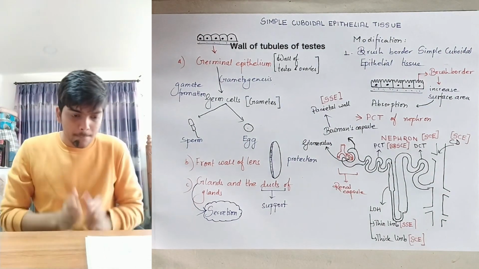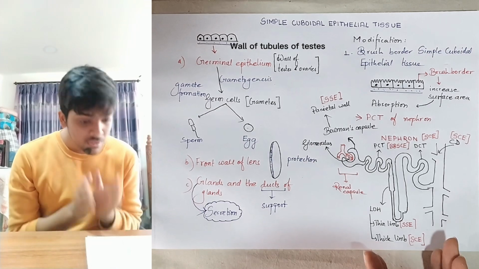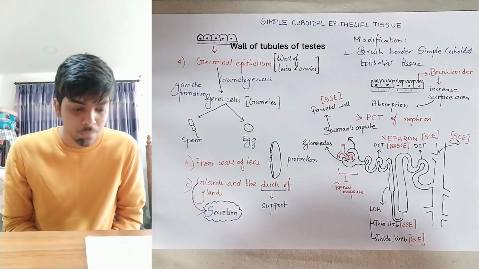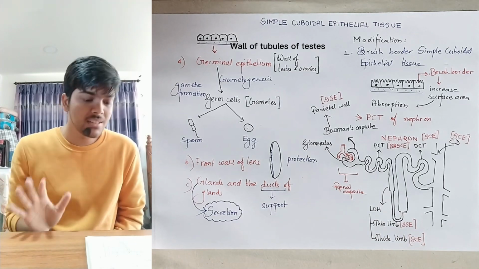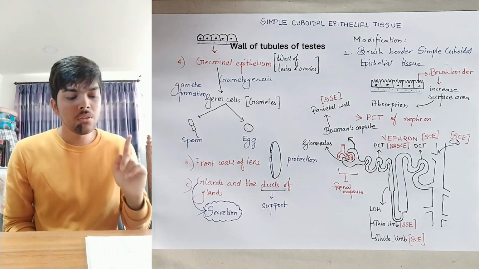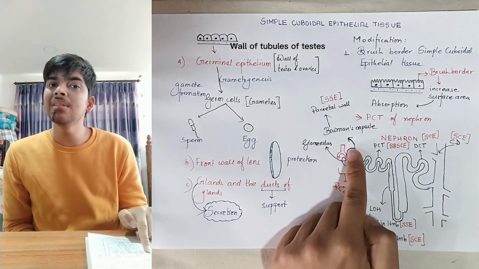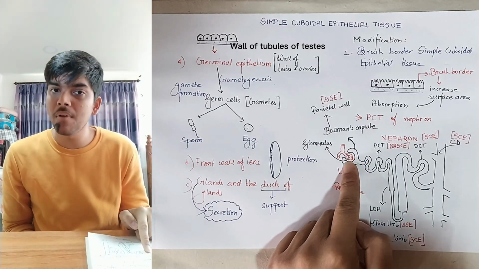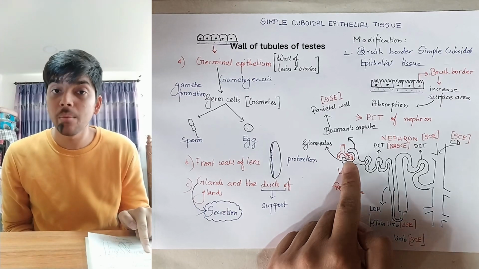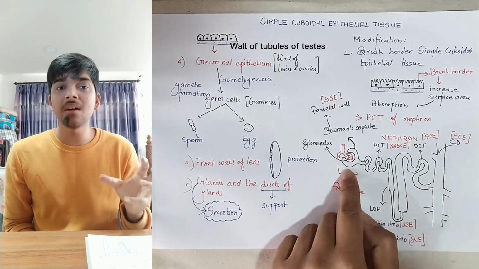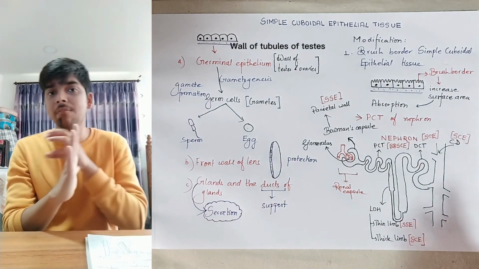This is the concept. Here's your nephron. The different parts of the nephron consist of different types of epithelial tissue. But here's an easy trick. The renal capsule consists of Bowman's capsule. Bowman's capsule is where the process of filtration during urine formation takes place. For filtration to take place, stuff has to pass through a surface.